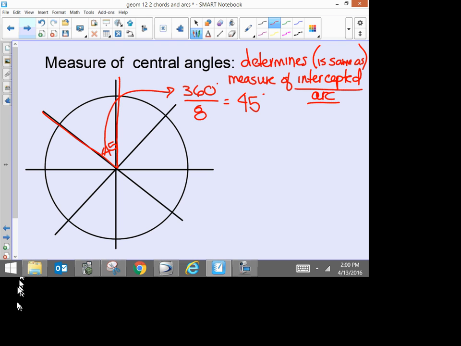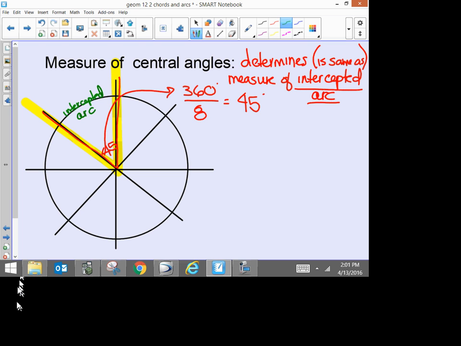Okay. Intercepted arc is a huge thing this chapter. Here's kind of what I want you to think about. If you have your two rays here, if you would squeeze those together, that's the arc that would be intercepted. That's the arc that would pop out, right? So that's what I would call the intercepted arc.